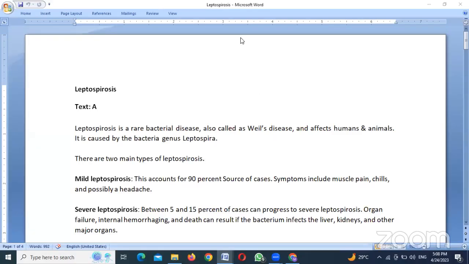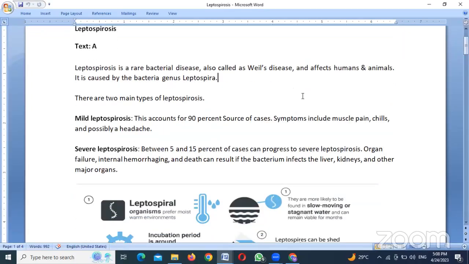I think we need to scan the four texts, just the heading and subheading.